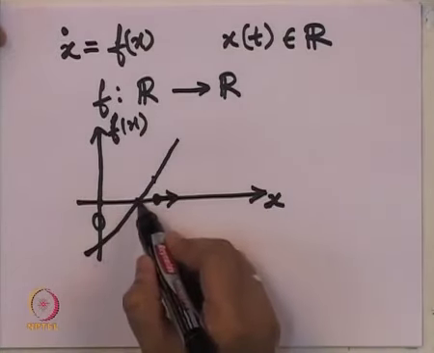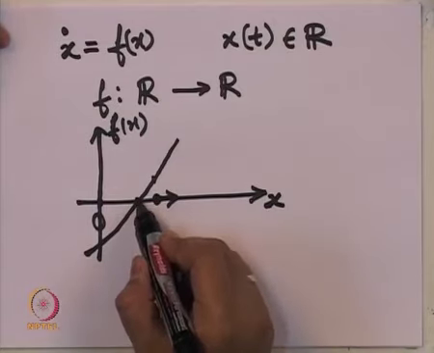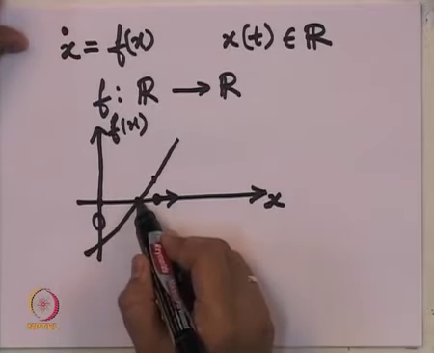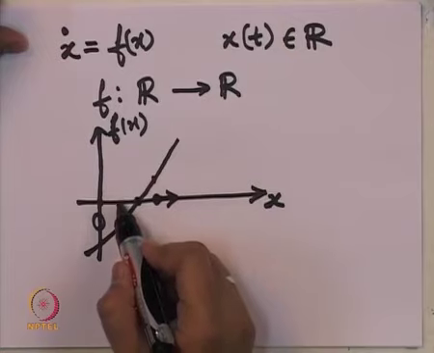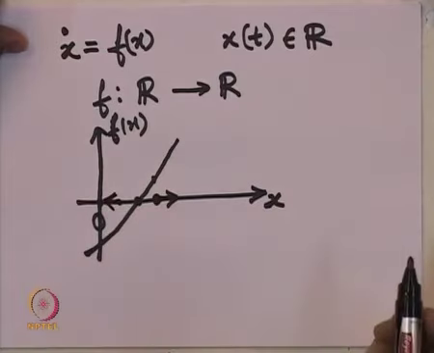At this point, because f is 0, it means the rate of change of x is equal to 0 when x is at this point, and hence that is an equilibrium point. If x starts at that point, it remains there. On the other hand, at this point f is negative, and hence x dot is negative and it is decreasing. So we will draw an arrow in this direction.